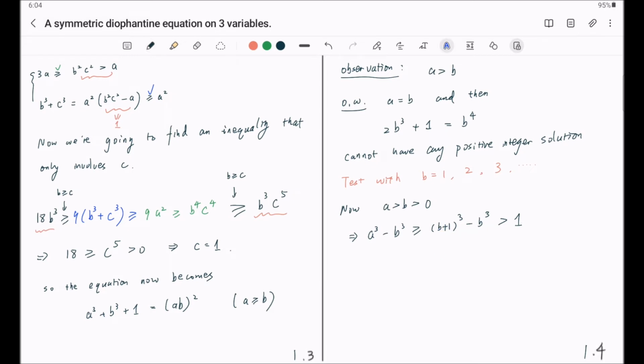If you multiply this out, you will see immediately this is bigger than 1 because B is a positive integer. So, as we did in the previous case, we're going to find some inequalities squeezing. Now, we have fixed C equal to 1. Now we're going to find the range for B. So now we're going to squeeze B.